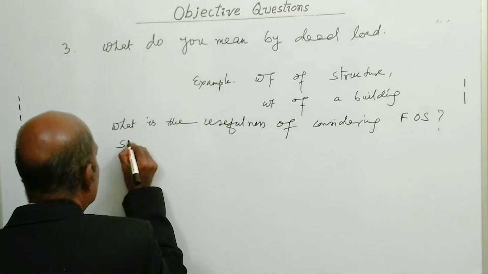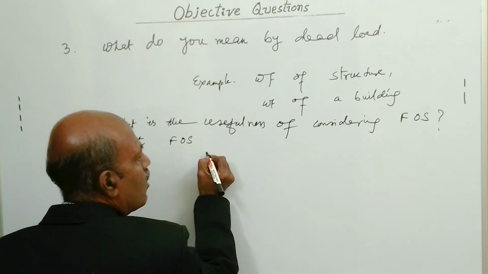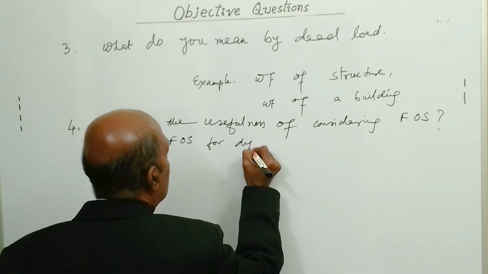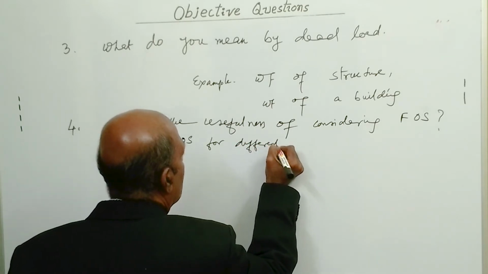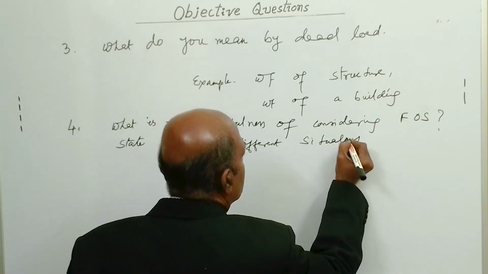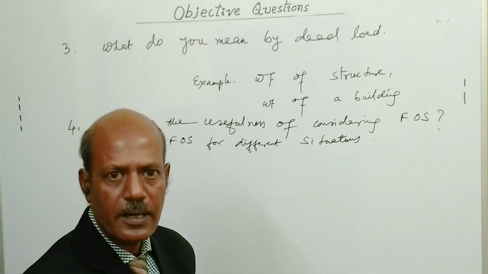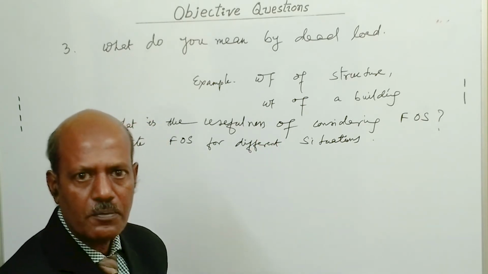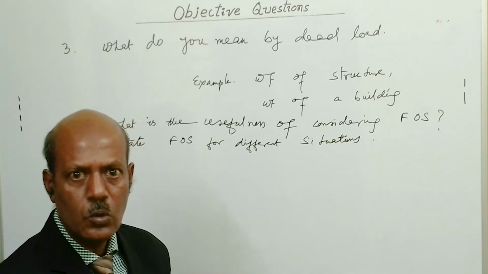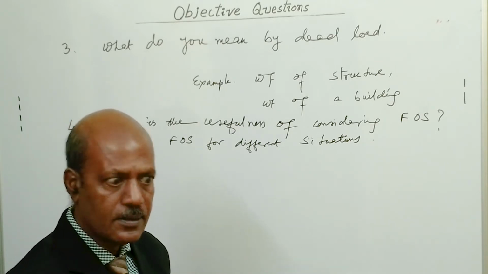State factor of safety for different situations. Now first we will see what is factor of safety. Factor of safety is defined as the ratio of design load to working load, or design stress to working stress.